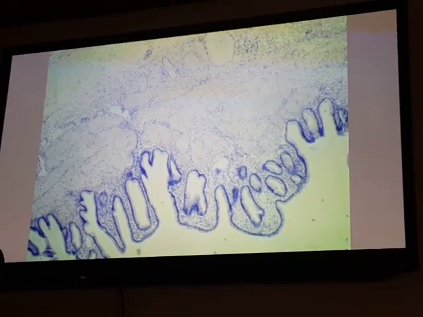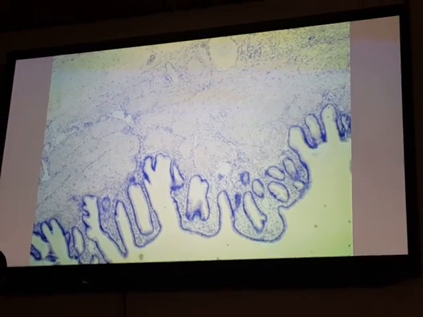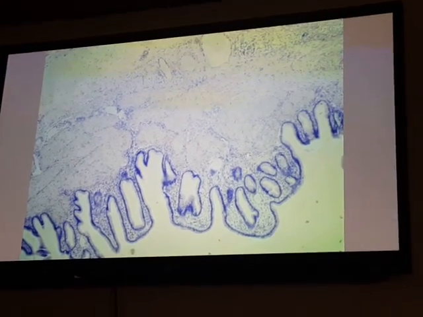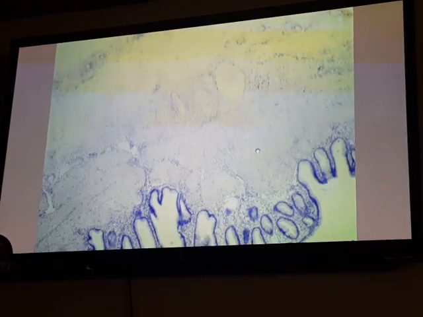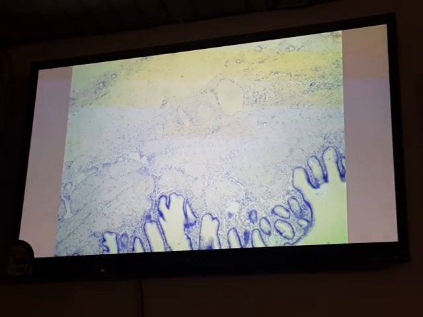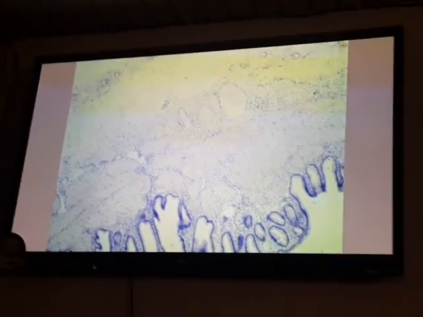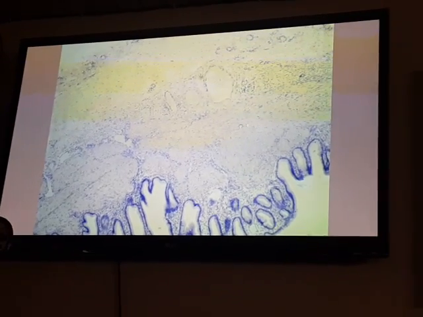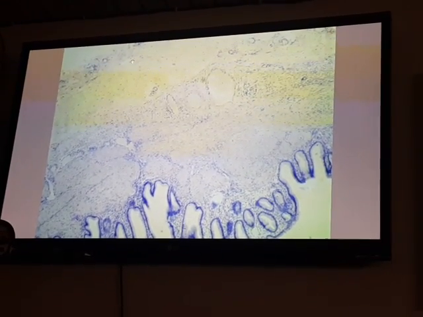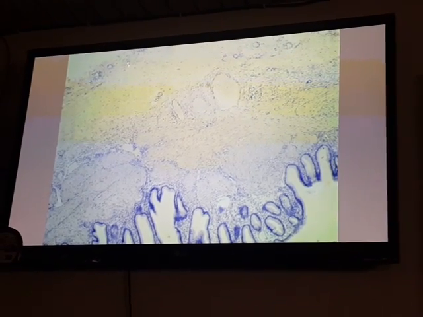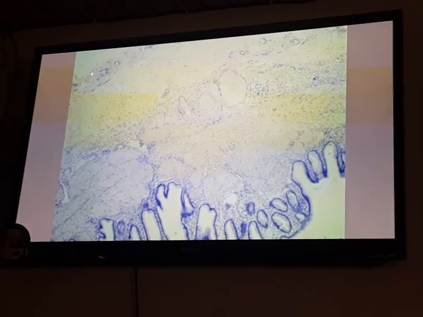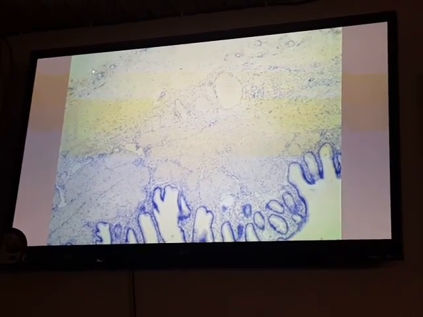Beneath, lamina propria of connective tissue. A smooth muscle layer. This is a smooth muscle layer. And this is a perimuscular layer of connective tissue. And last layer is a serosa.